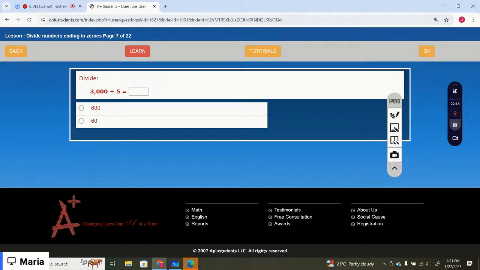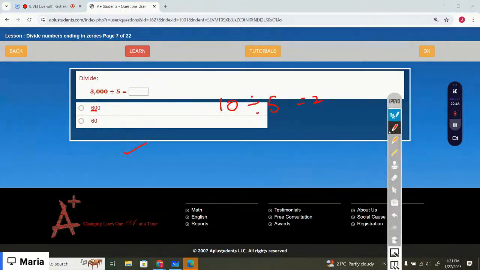3000 divided by 5, which is the correct option? You cannot divide 3 by 5, so you need to make it 30.